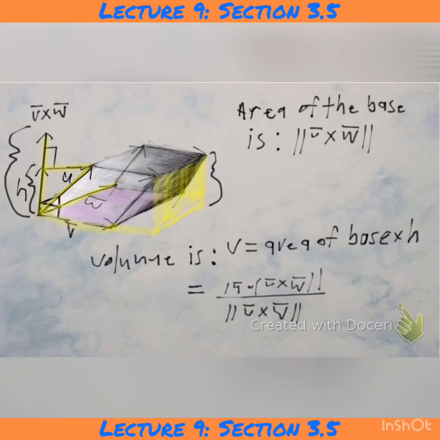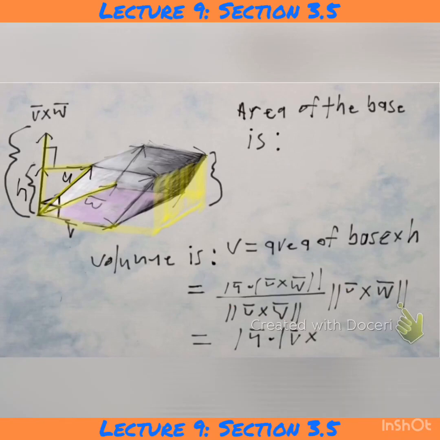So we have this, that is the height that we worked out. And now we're going to take the area of the base, and we're going to multiply that together there. And so basically that cancels with that, and so we've got equality there. It's the absolute value of u dot v cross w.